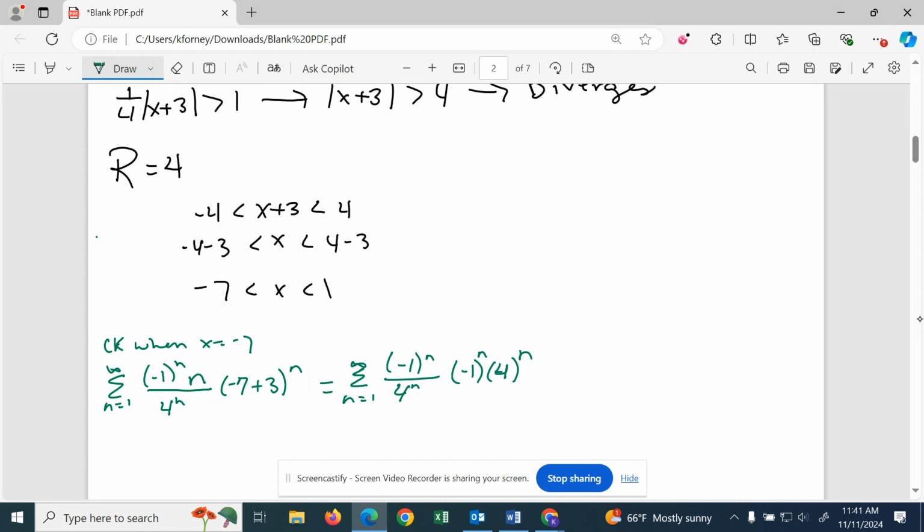Looking here, we can cancel out the 4 to the n's. And that gives us negative 1 to the n times negative 1 to the n, which is negative 1 to the 2n.